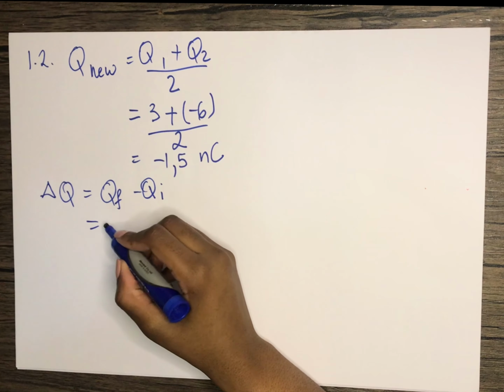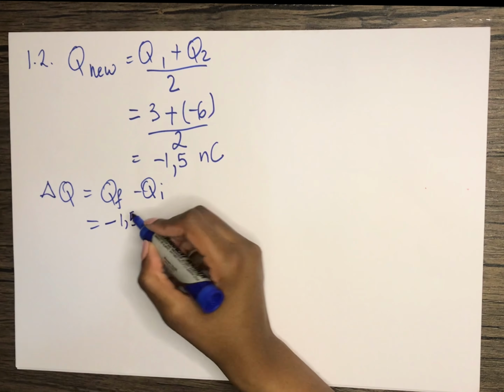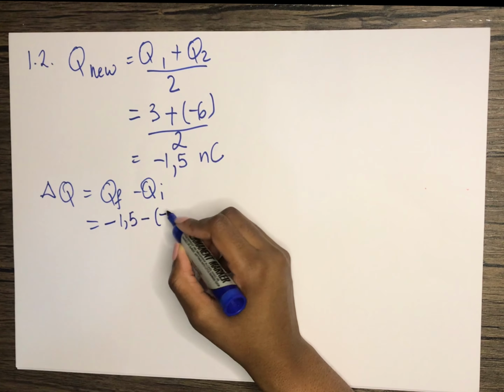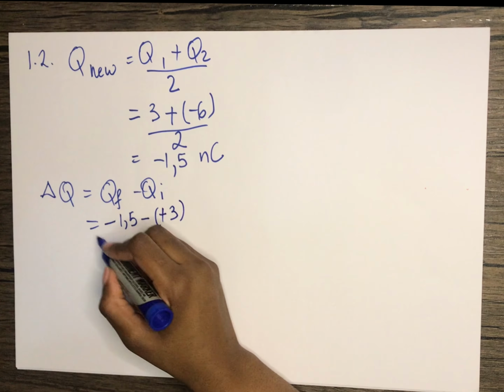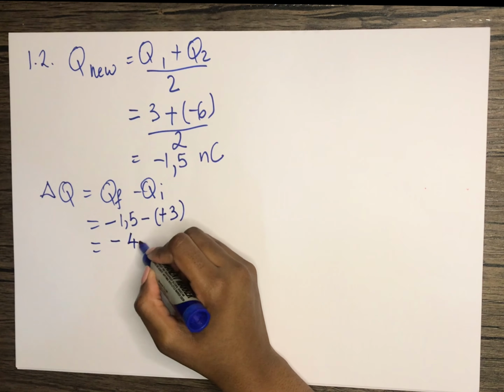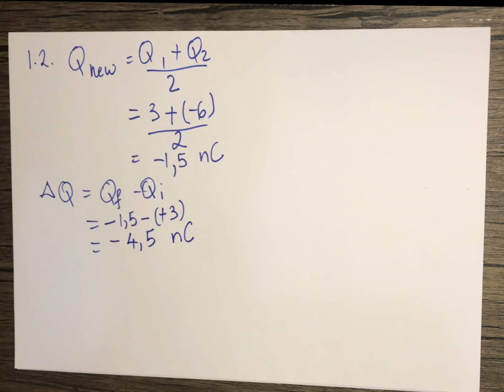If we use P, then we get negative 1.5 minus negative 3. Actually, it was a positive 3. Then you get negative 4.5. Remember, it's in nanocoulombs, right?